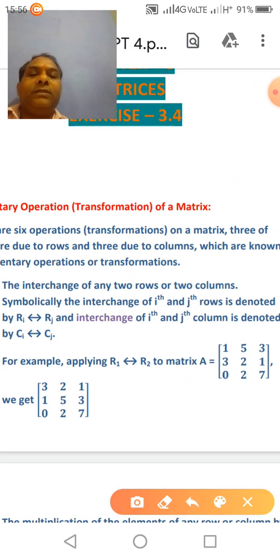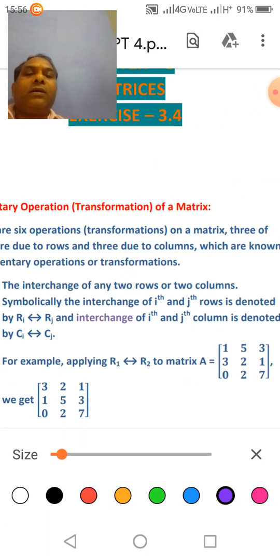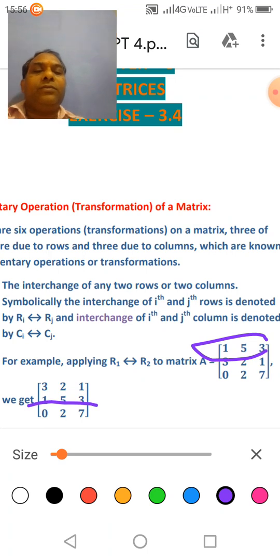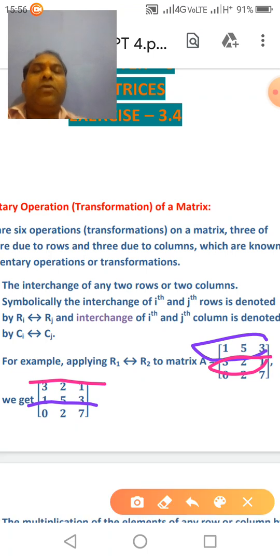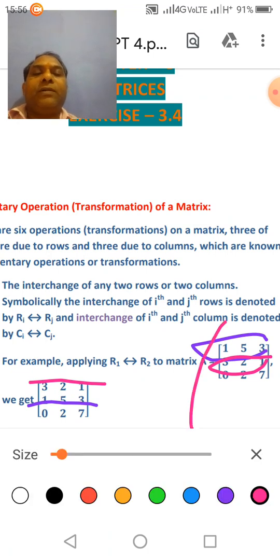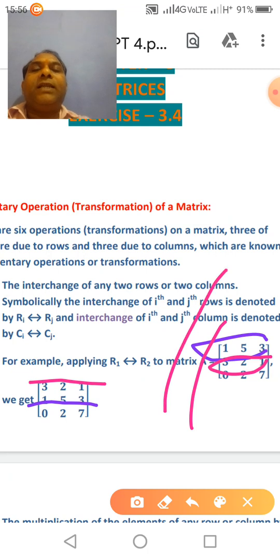Means R1 will be here and R2 will be here, because we are interchanging R1 and R2. Clear? Similarly in case of columns also.